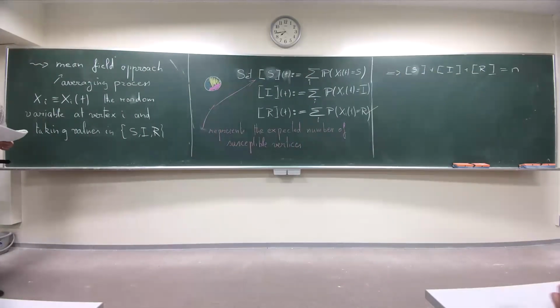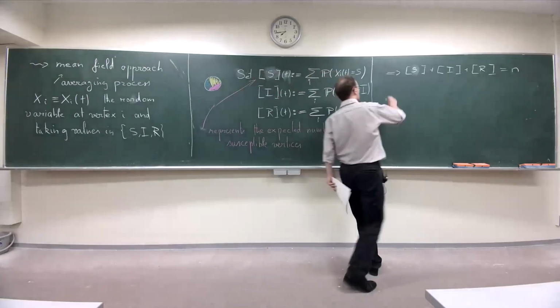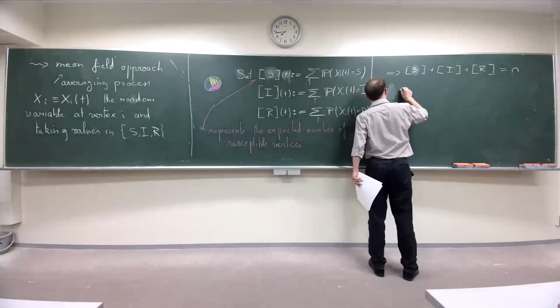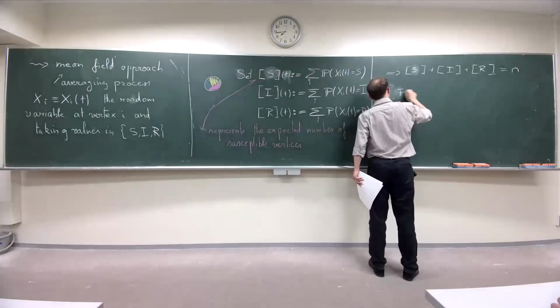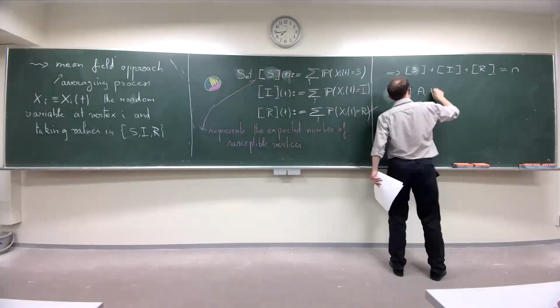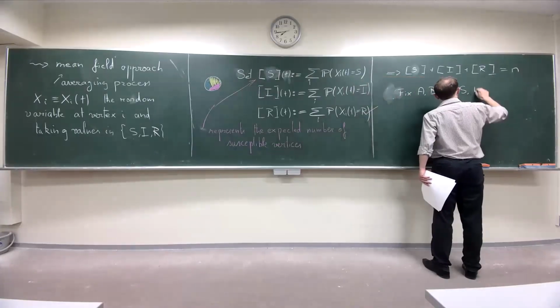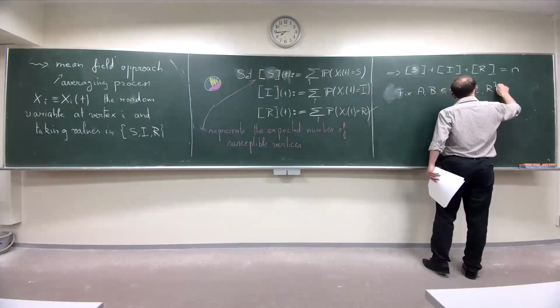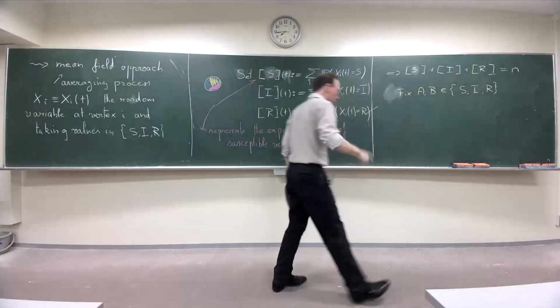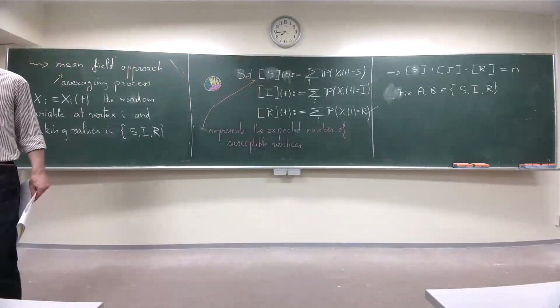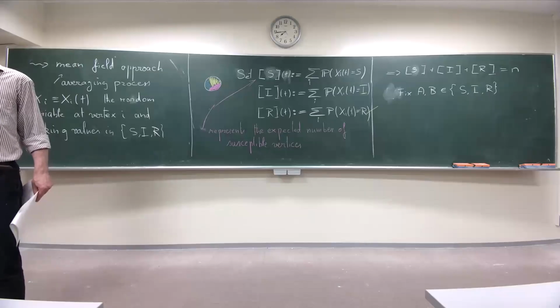For the SI model, it's only the first two. Now, what is... I'm going to use AB, which can be S, I, or R. I don't want to write 9 possibilities, because if you have 2 random variables, each of them taking 3 values, you have 9.